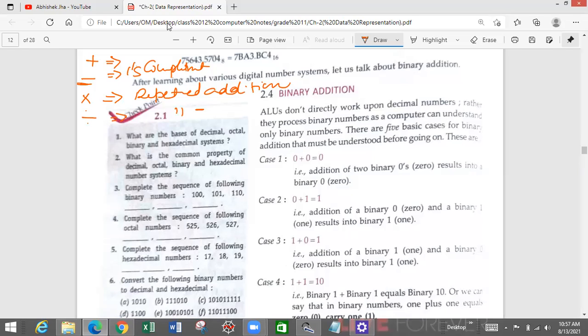So prior to knowing additions, we need to know rule of the additions. So we will just summarize the rules which are very fundamental to binary addition. And when you are adding something, we need to understand either we will be adding 0 with a 1. Second case may happen that you are trying to add 1 with a 0.